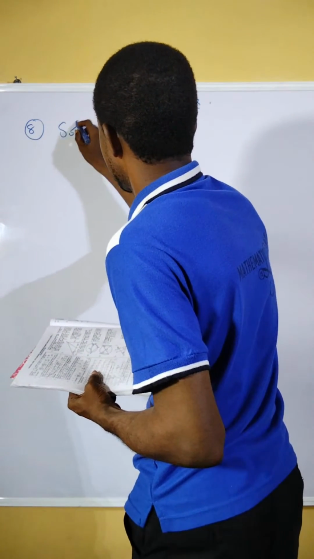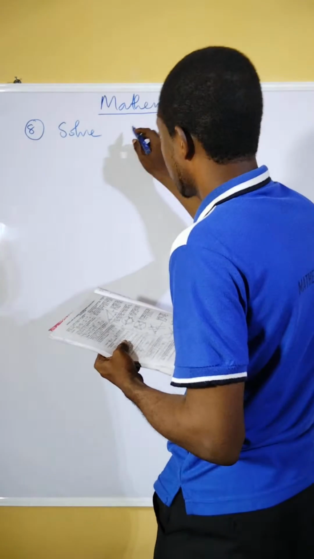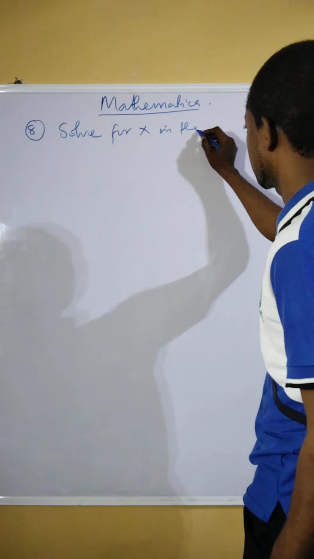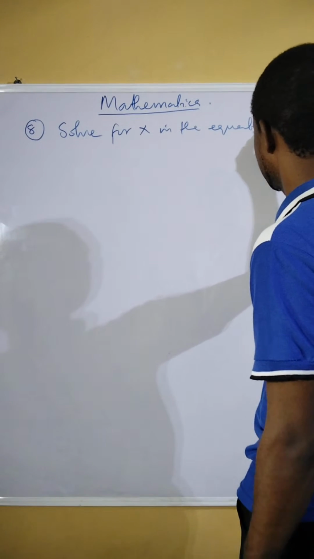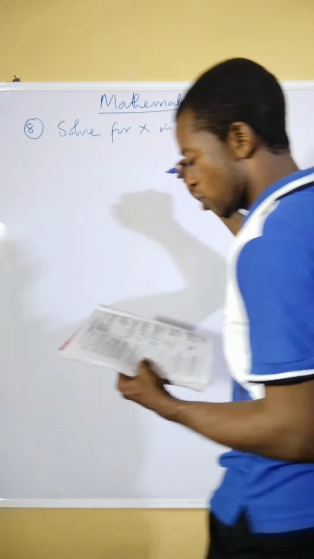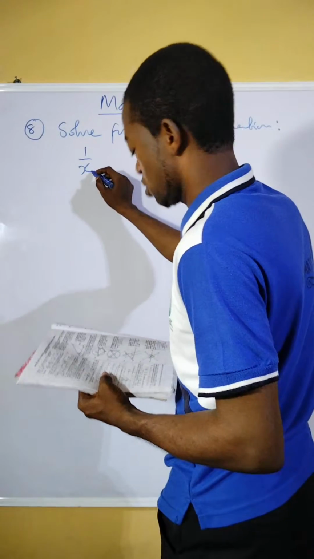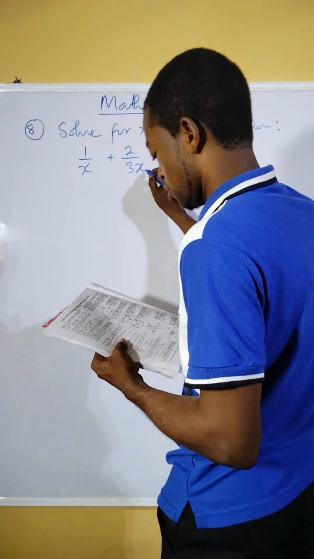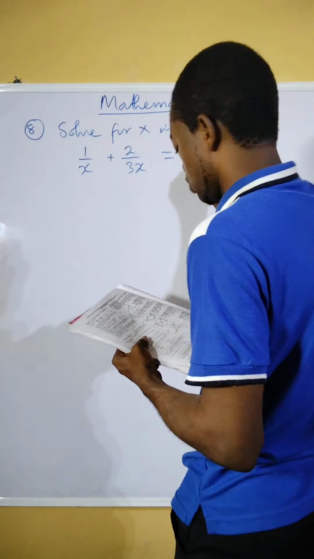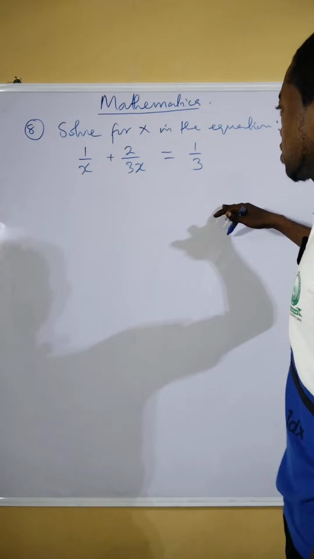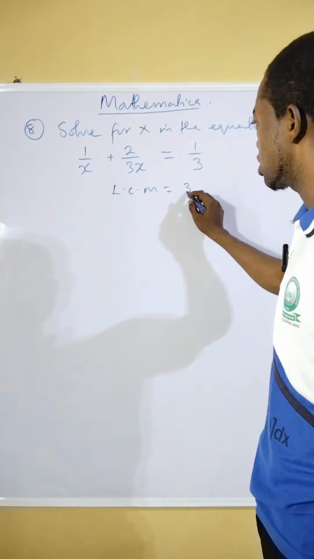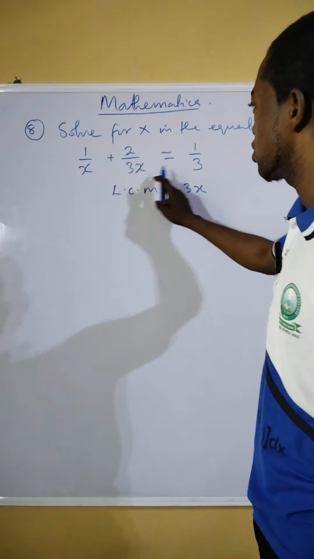Solve for x in the equation 1 over x plus 2 over 3x equals 1 over 3. So here, this contains fractions. We can clear the fractions. That is, we multiply through by the LCM. LCM here is 3x. So use 3x to multiply each of these fractions.